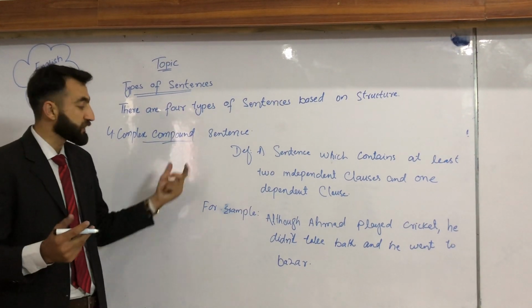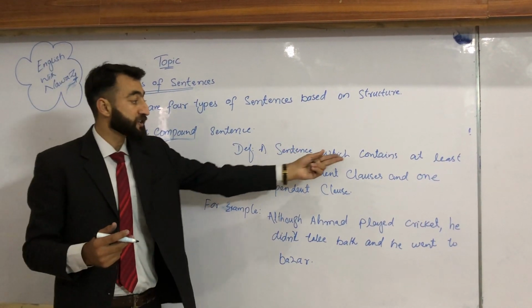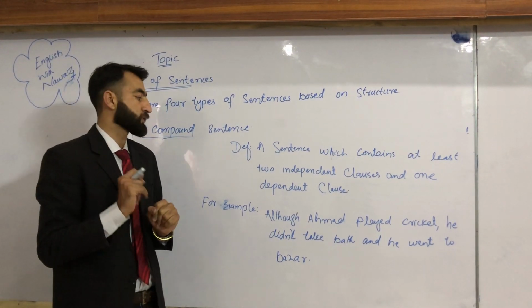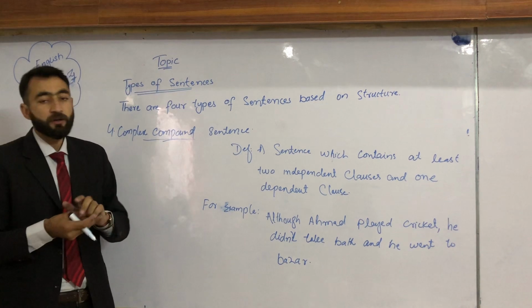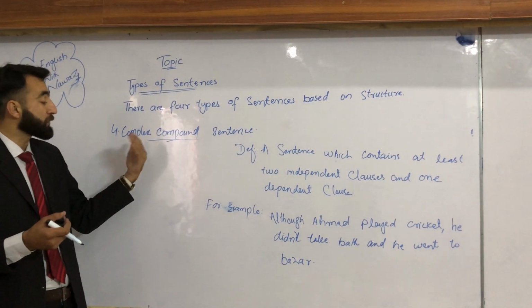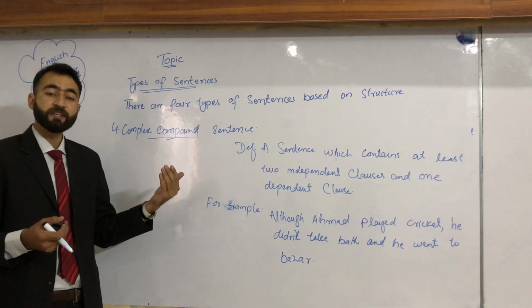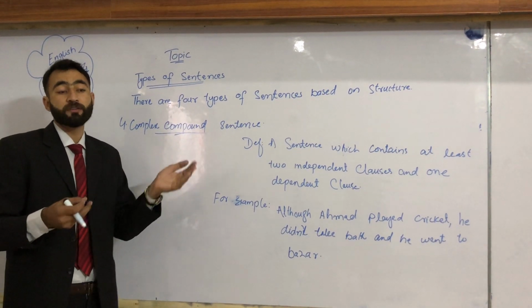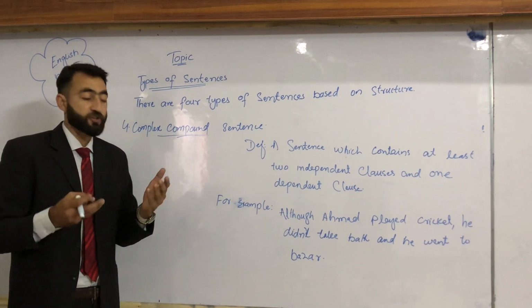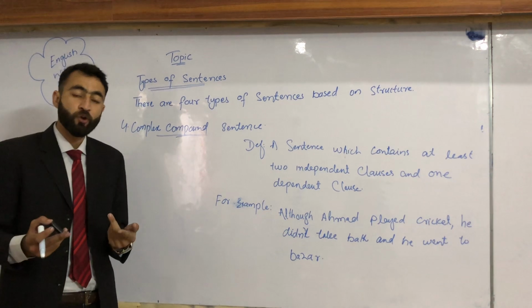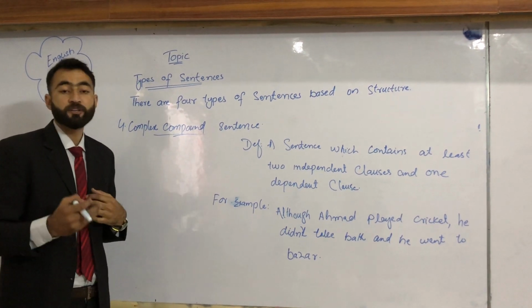The complex compound sentence is a sentence which contains at least two independent clauses and one dependent clause. Apart from this, the simple sentence, compound sentence, and complex sentence have their different structures. But here it is combined with two independent clauses and one dependent clause.